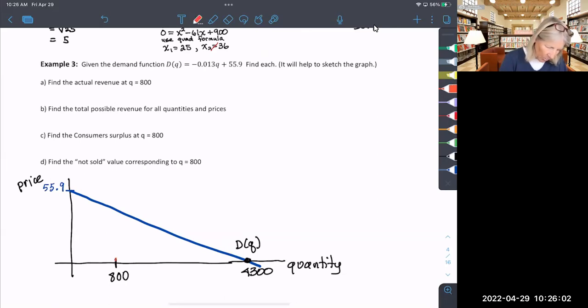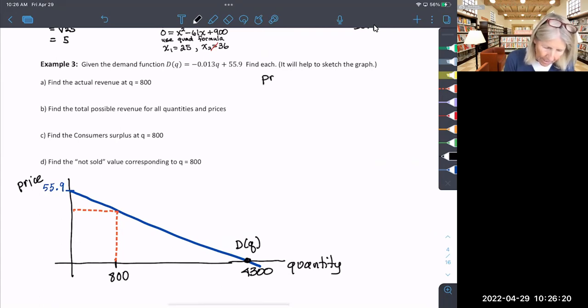So if this is my quantity, I could plug in 800 and find the price that goes with 800, can't I? If you plug the quantity into the demand function, we get the price.